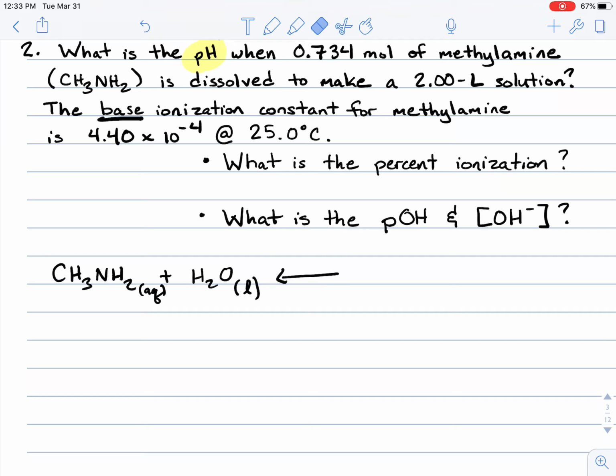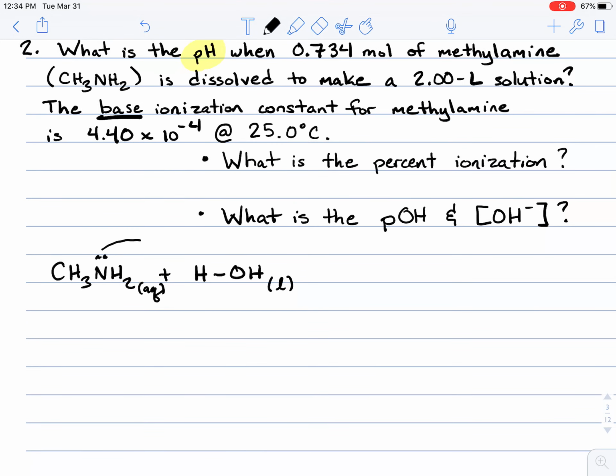I'm actually going to rewrite water in a different way, just so you guys can see what's happening. And so I'm going to write water as HOH. Okay? And once again, this is liquid in form. Now, the mechanism for this reaction, and you're going to learn mechanisms in organic chemistry. So there is a lone pair on this nitrogen if you draw its Lewis structure.